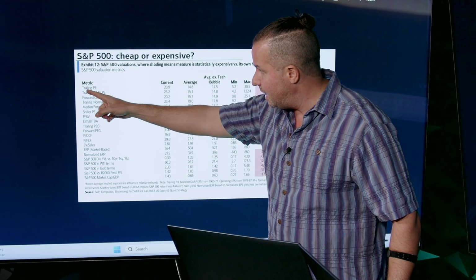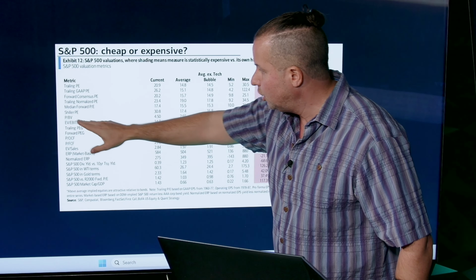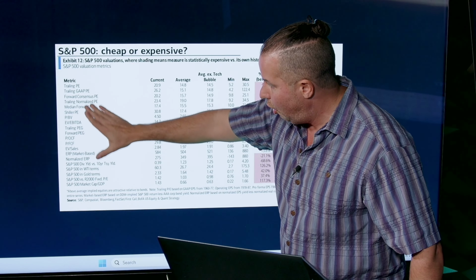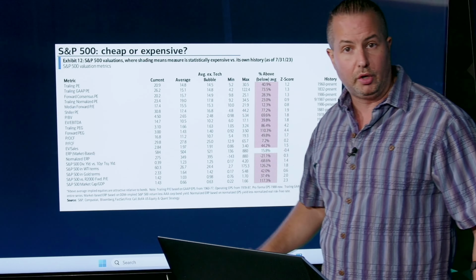Here's a ton of metrics: trailing PE, trailing GAAP PE, forward consensus PE, Shiller PE, EV to EBITDA, trailing PE. I mean, these are all the ways that you make valuation metrics in the stock market right now.